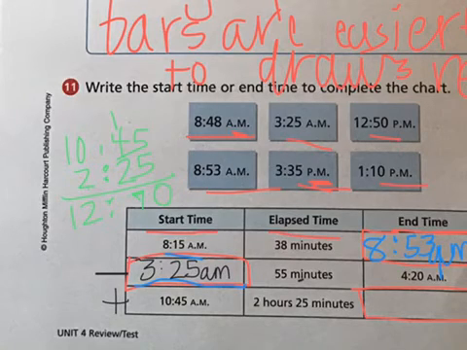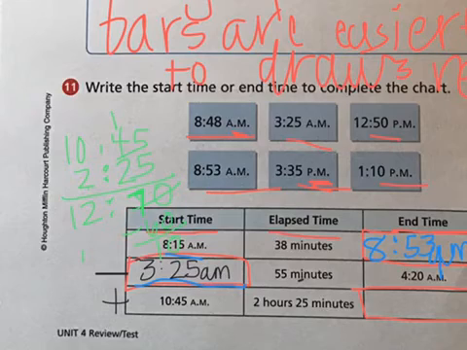But now let's look at this 7 right here, okay? We can't have a time that's 12:70. So really what we have to do is take that 1 hour out of there. So if we take out 60 minutes from that 70, we get 10 minutes. Well, what can we do with that 1 hour? Well, if it's in the 12 o'clock hour, what's 1 hour more than 12 o'clock?